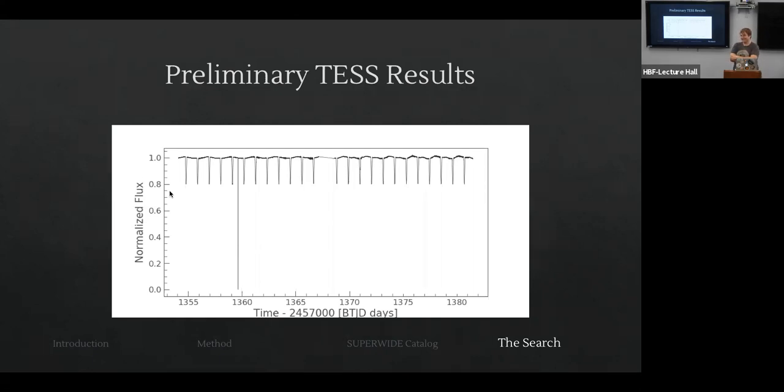It is important to make it available and easily accessible. Would I love to go through all these wide binaries and get everything for them? Yeah, but at a certain point, I want to graduate versus spending another year going through a bunch of light curves.